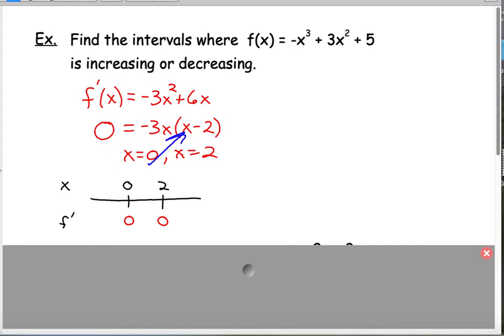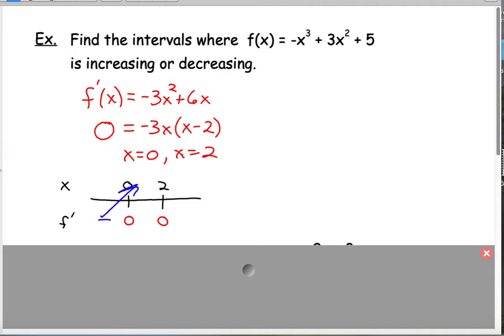And when I plug negative 1 in here for x, this is going to be a negative. So I'm going to get a positive times a negative, which means f prime is going to be negative. So if I had picked any other number, negative 2, negative 15, negative 1087.8, doesn't matter. I'm still going to plug it in for x here, and I will wind up getting a negative.